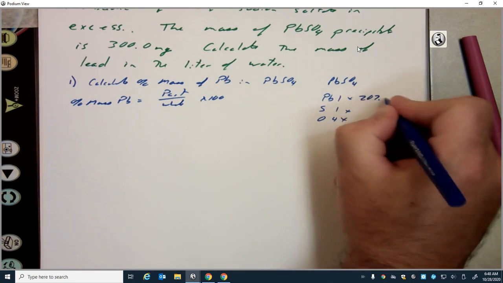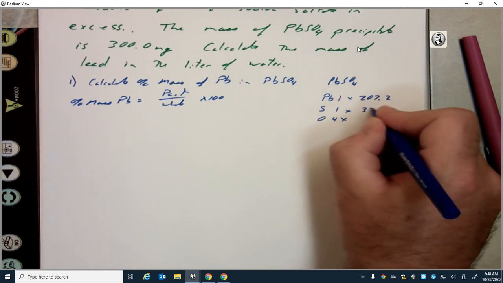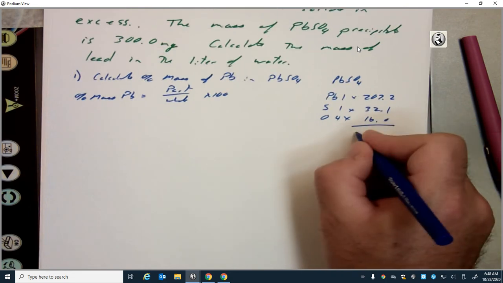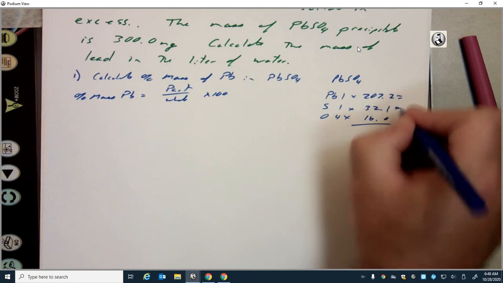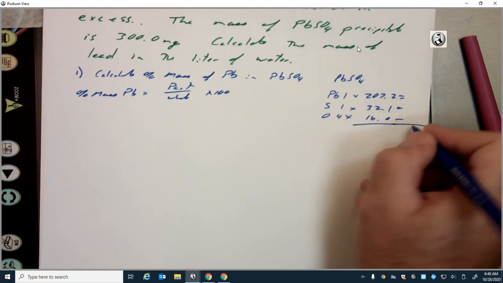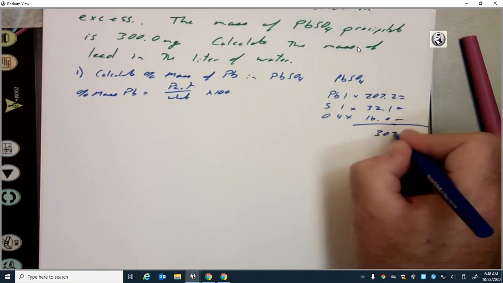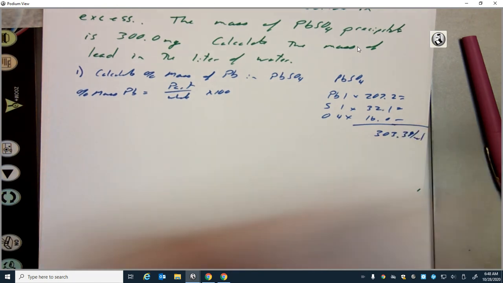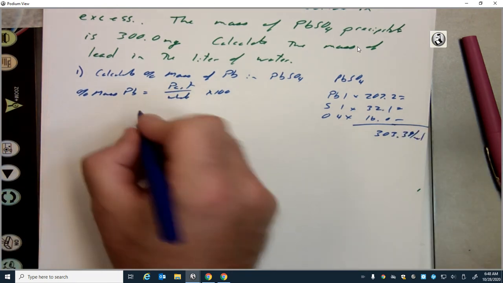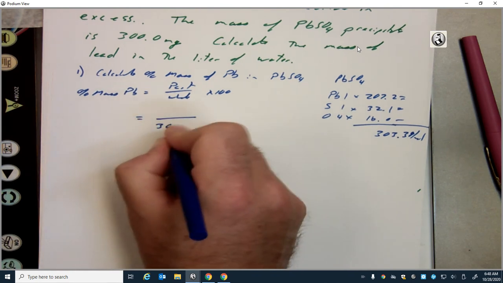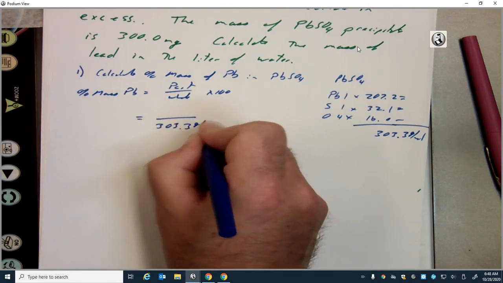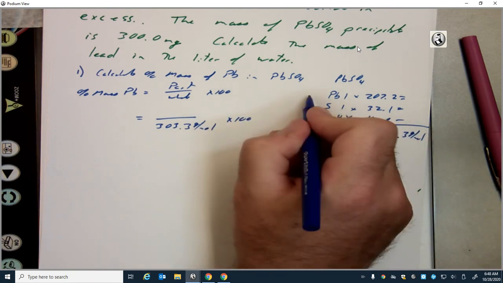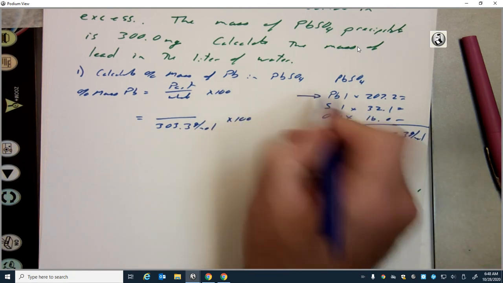Let's just use 207.2, 32.1, 16.0, add all that, multiply across, add all that up, and we end up with 303.3 grams per mole. So that's going to go on the bottom. And my part is my lead.